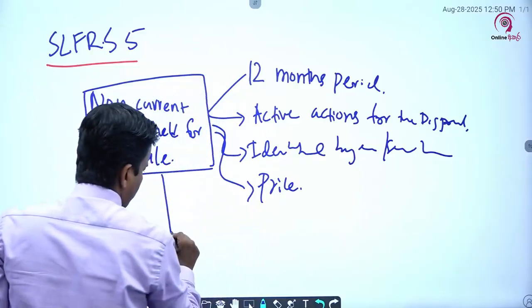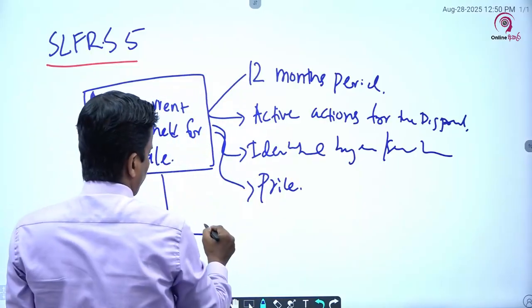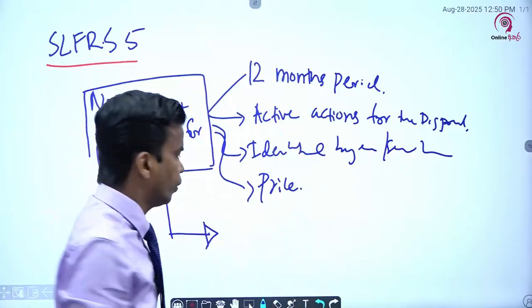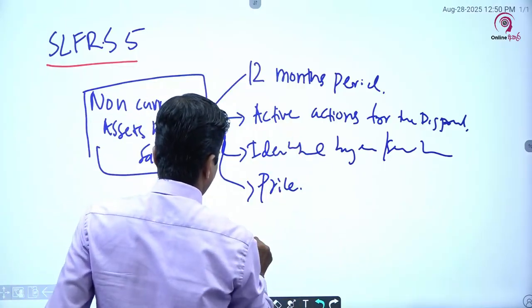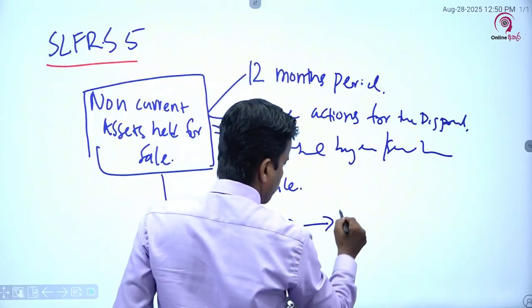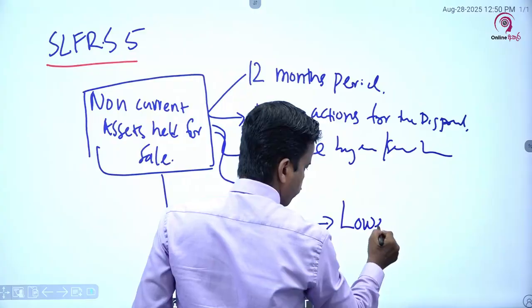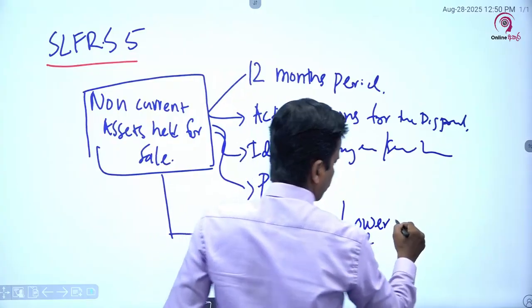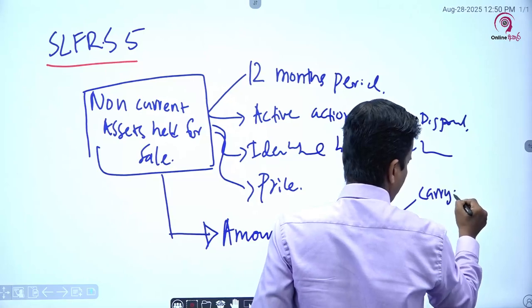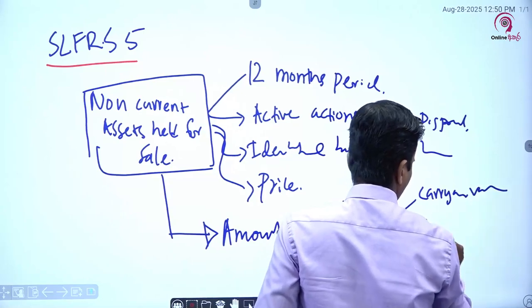So let's say now you have the asset, and the recognition criteria are satisfied. Then what amount? The standard says the amount should be the lower of carrying value, meaning what is in the books at the moment, or the fair value.